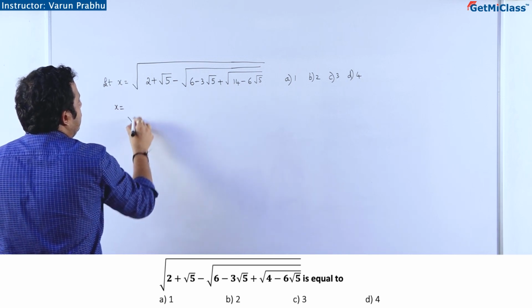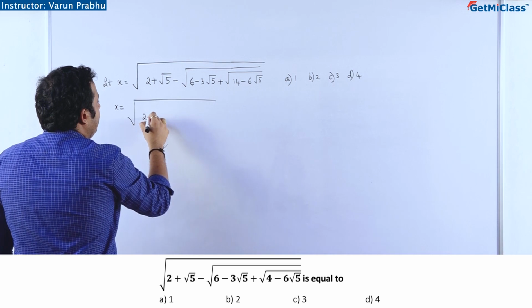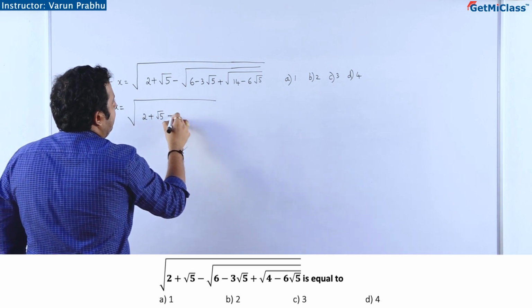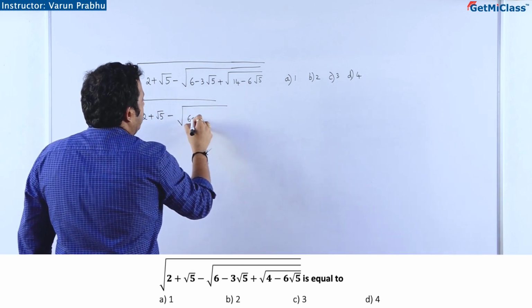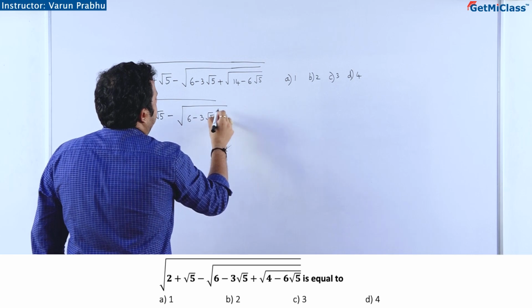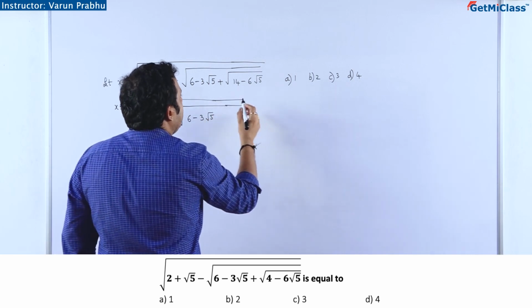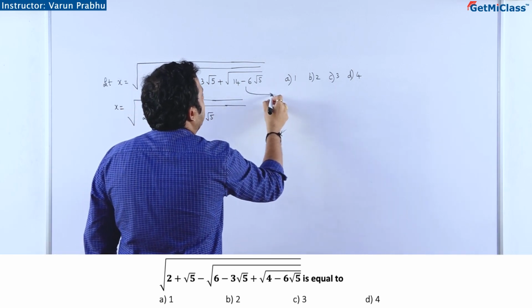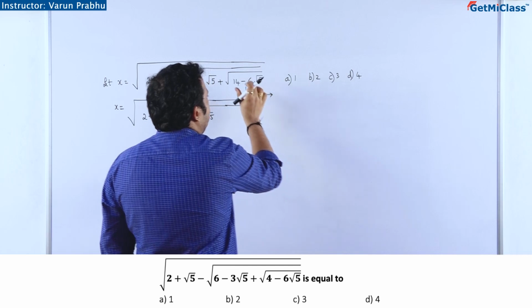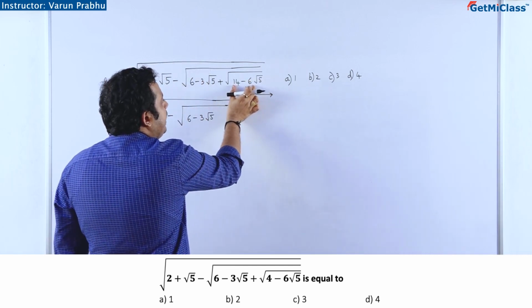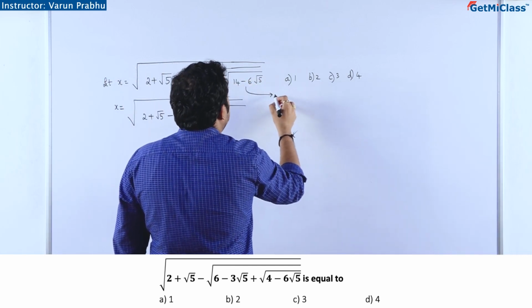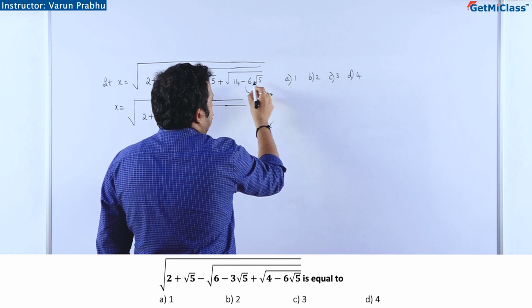So x is equal to, I can write like this, 2 plus root 5 minus the whole root of 6 minus 3 root 5. Now if you concentrate on this particular part, 14 minus 6 root 5 should be there. I will think of completing it in the form a minus b the whole square. So root 5 is there, no?